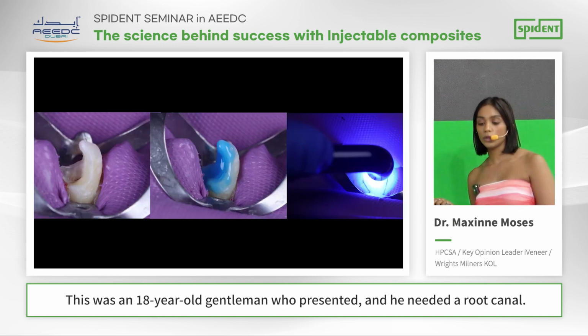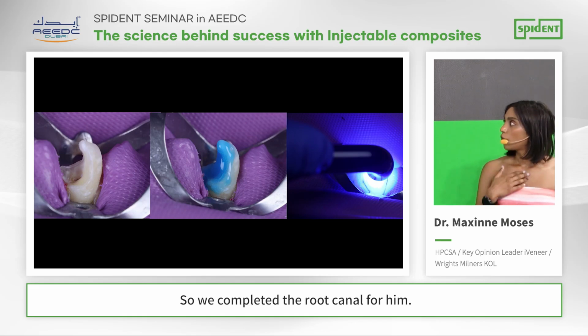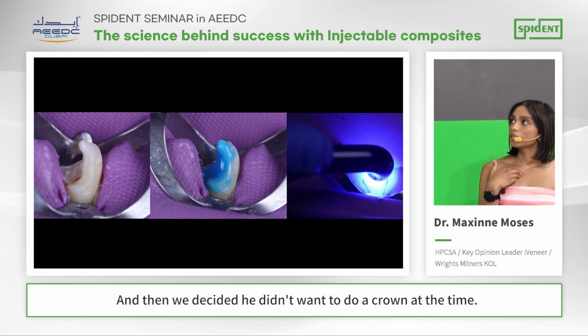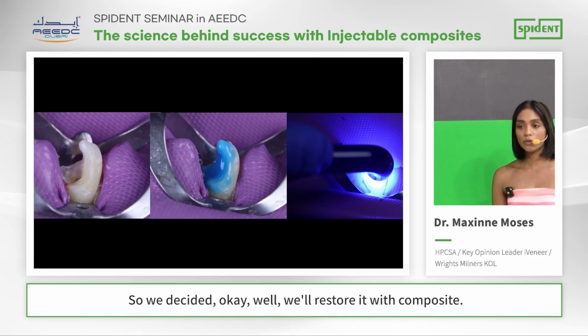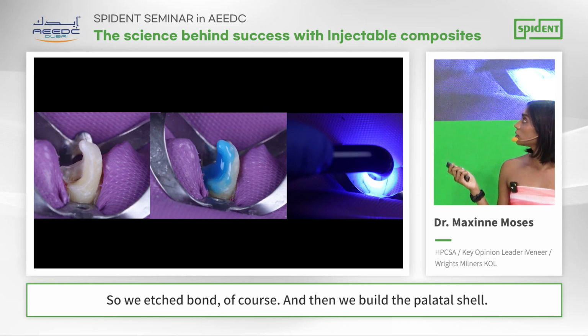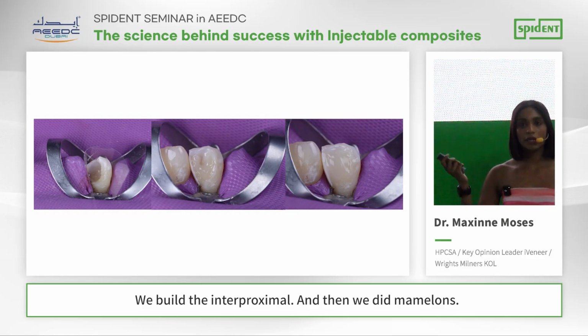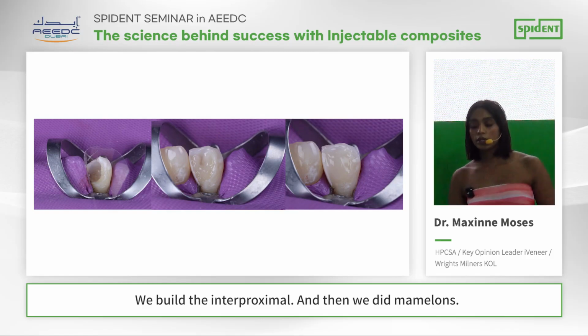This was an 18-year-old gentleman who presented and needed a root canal, so we completed the root canal for him. He didn't want a crown at the time, so we decided we'd restore it with composite. So we etch and bond, of course, and then we build the palatal shell. We built the interproximal, and then we did mamelons.